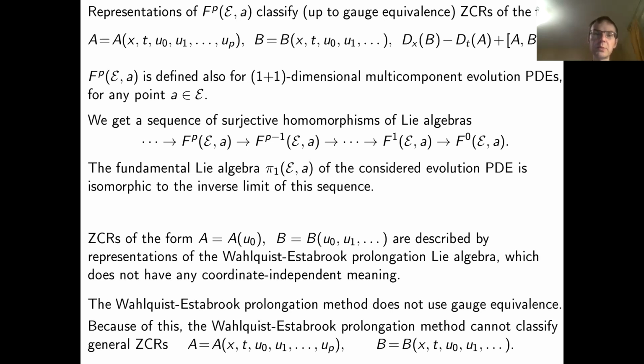But this Lie algebra does not have any coordinate independent meaning, and in order to define the prolongation Lie algebra, Wahlquist and Estabrook did not use any gauge equivalence. So because of this, their method cannot be extended to the case of more general zero curvature representations of this type.